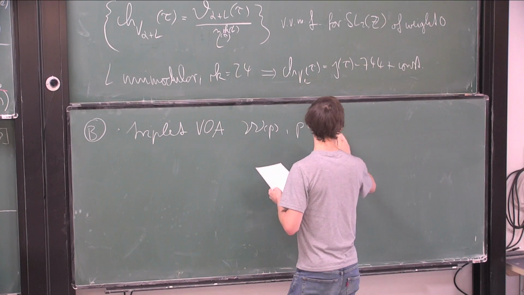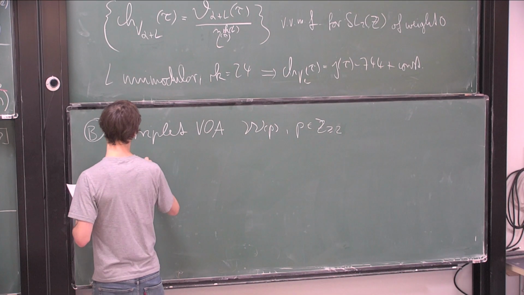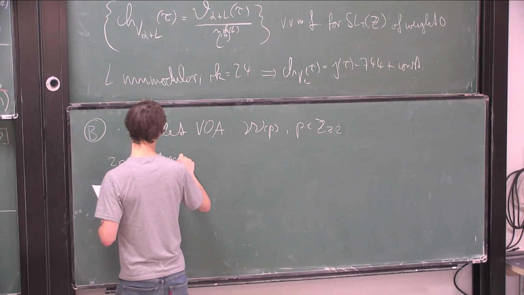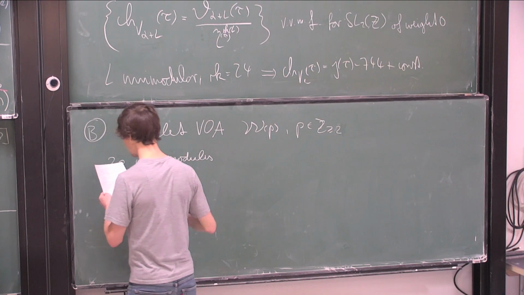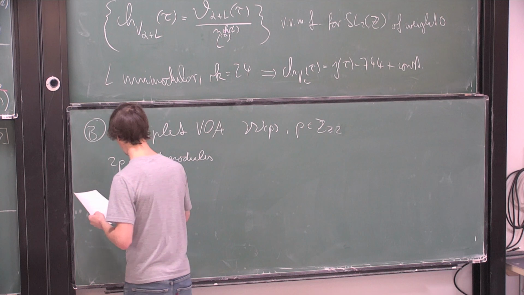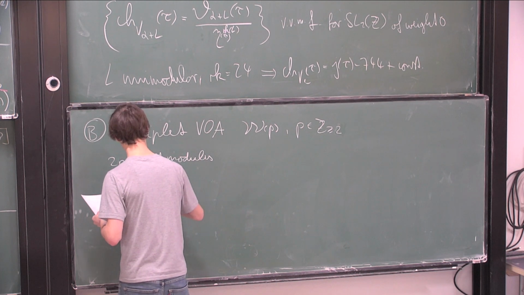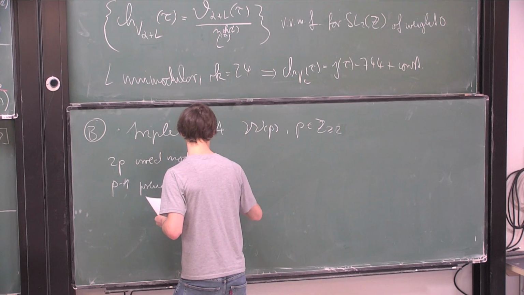And yeah, I'm just going to write down what the characters look like. So you have two P irreducible modules, which are ordinary modules. So they have the usual characters, and then you have P, but the space wouldn't close, and then you have P minus 1 of these pseudo traces. Let me write pseudo characters.